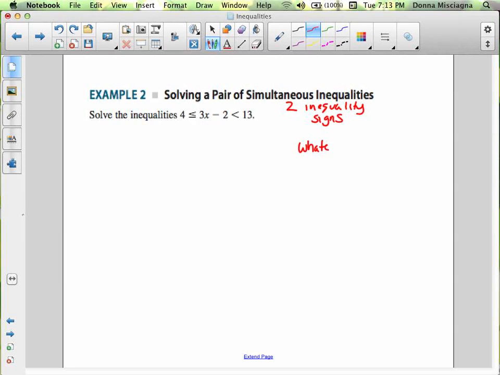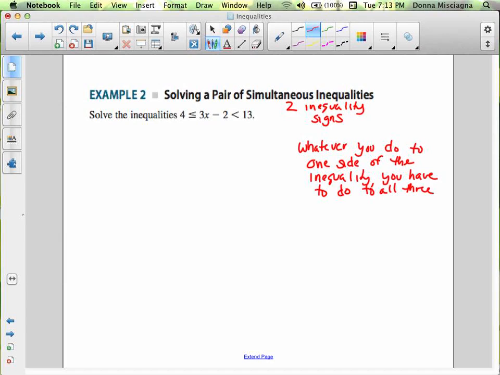The only difference is whatever you do to one side of the inequality, you have to do to all three. You have to do to the left side, the right side, and the middle.